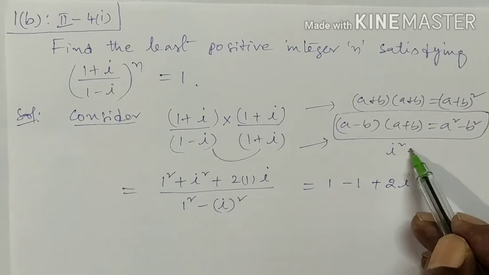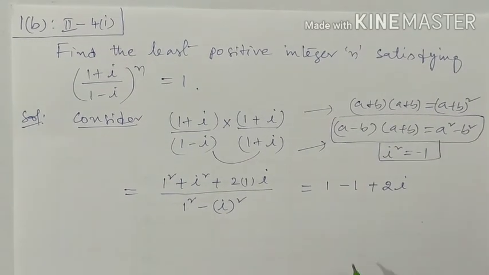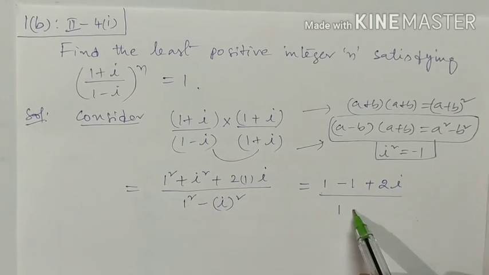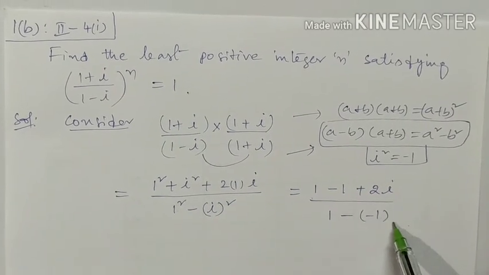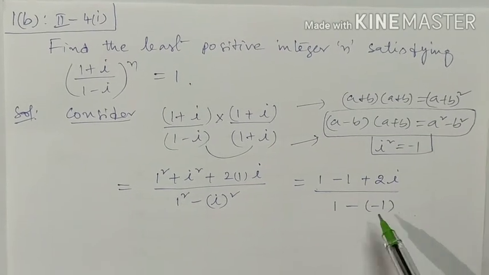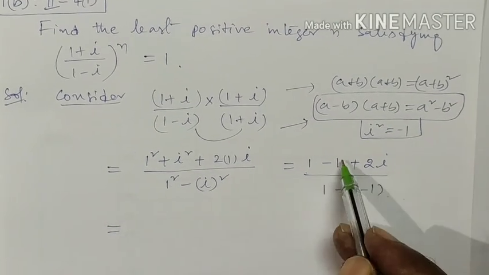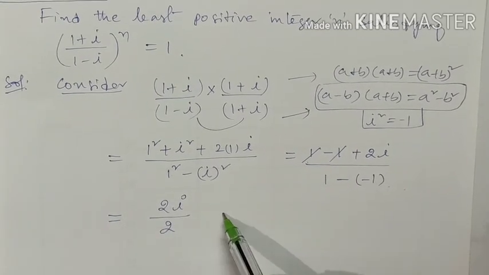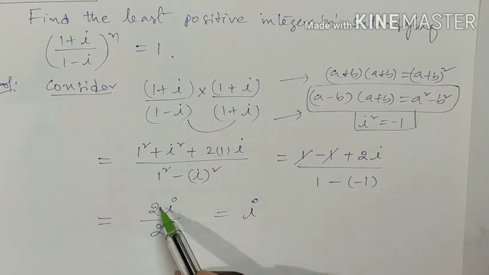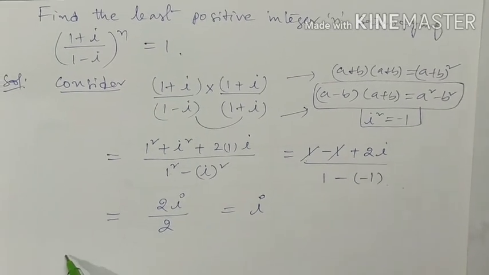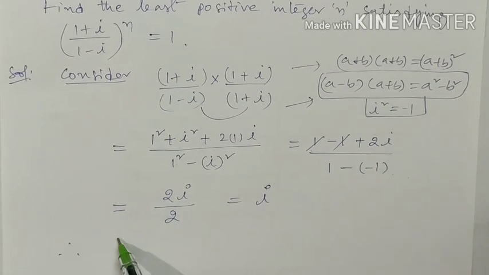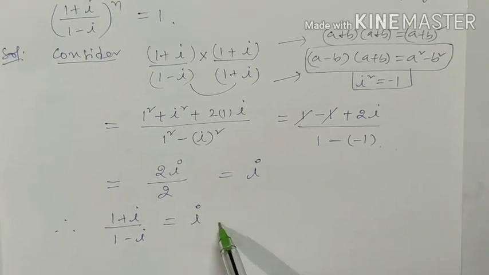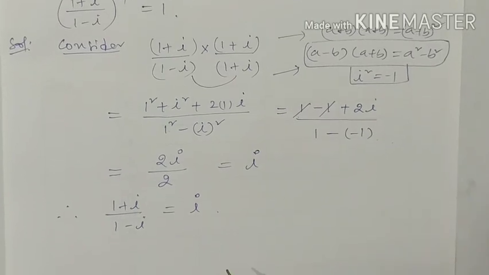In denominator 1 square is 1, i square is minus 1, so minus minus will become plus. So this is 2i by 2, that is i. So what we get, 1 plus i by 1 minus i value after simplifying is i.